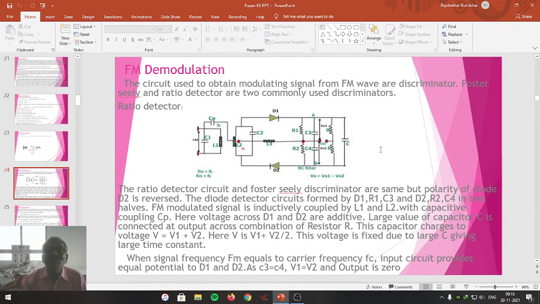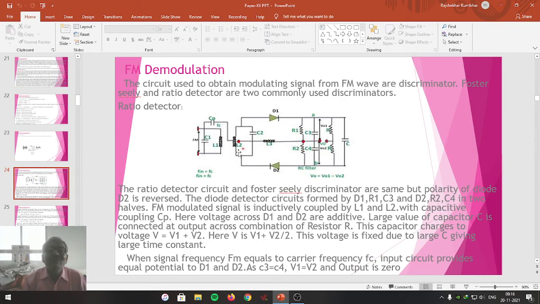Friends, the ratio detector circuitry is represented here. So this is the received signal, the FM modulated signal, which is fed through a coupling circuitry formed by L and C. Through this, the modulated wave is coupled to the ratio detector via coupling capacitor Cp.